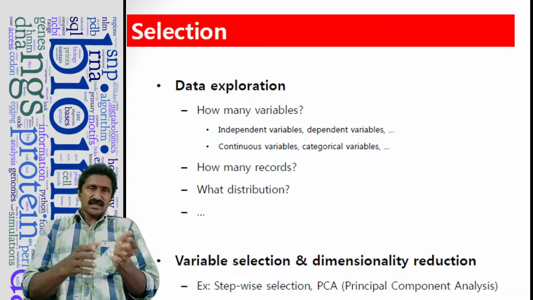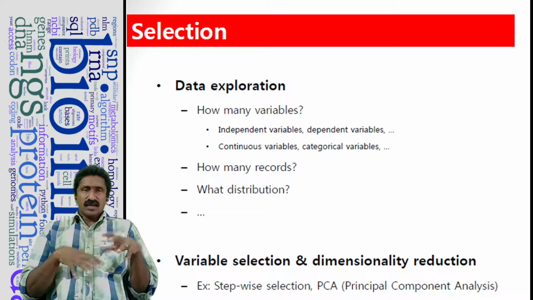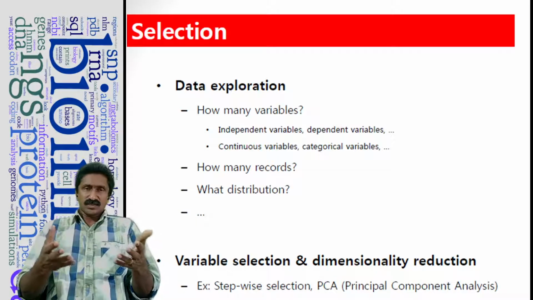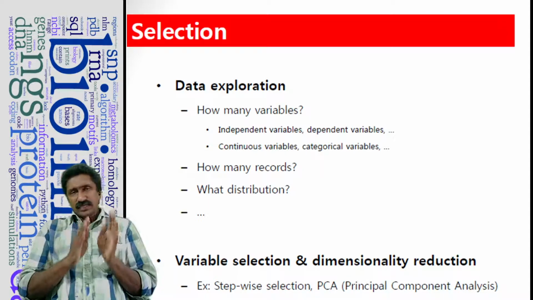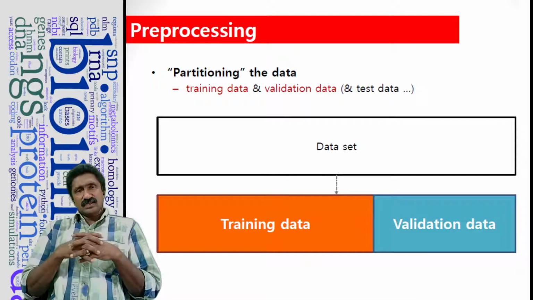The initial stage is to identify the required variables and analyze the overall quantity of records and their distribution. So some general data exploration is done, and that is only the initial stage.